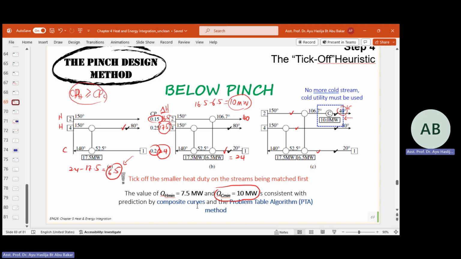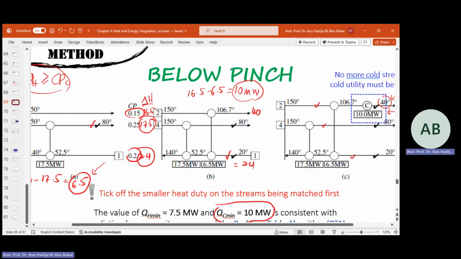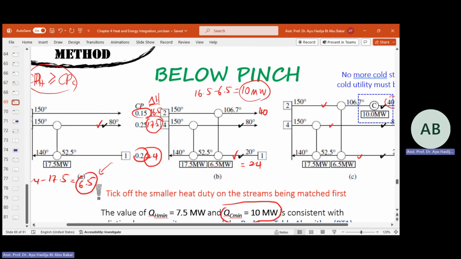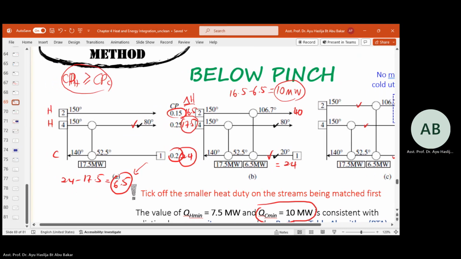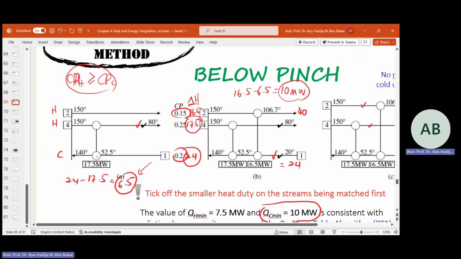Okay, below pinch as an example. Now, how do you know what is the temperature? What is the new temperature after you install the heat exchanger? Okay, listen.